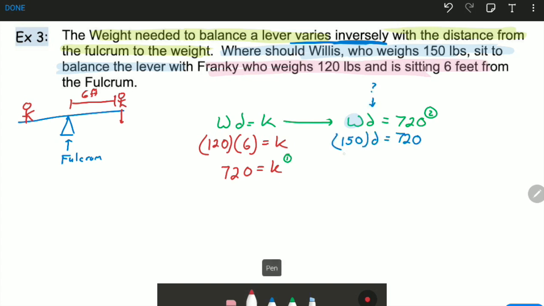And then to get the distance by itself, we'll divide by 150 on both sides, which gives us 4.8 for D. And because this is a word problem, since distance is represented in feet, as indicated by this little portion right here, it would be 4.8 feet from the fulcrum.